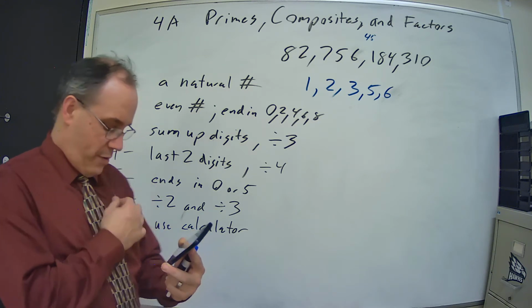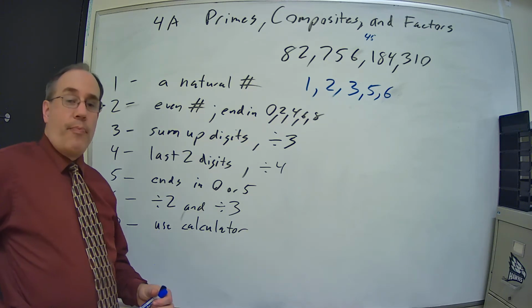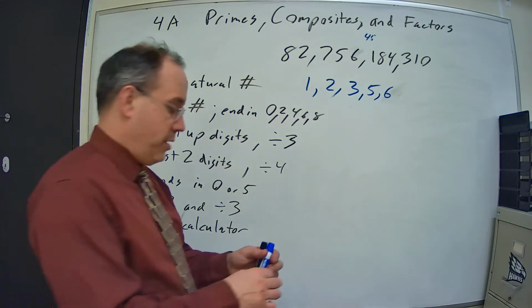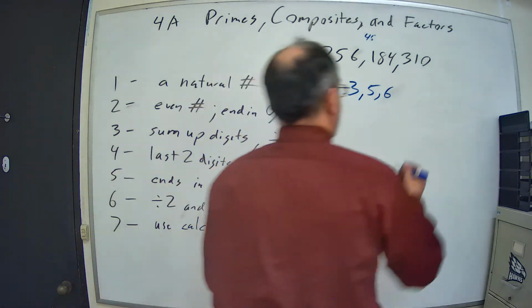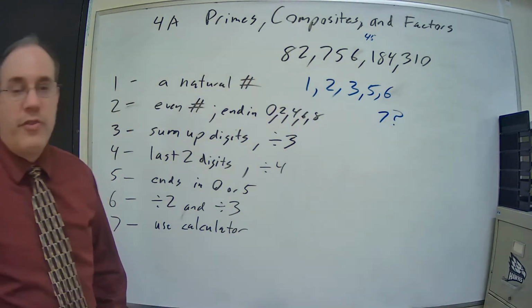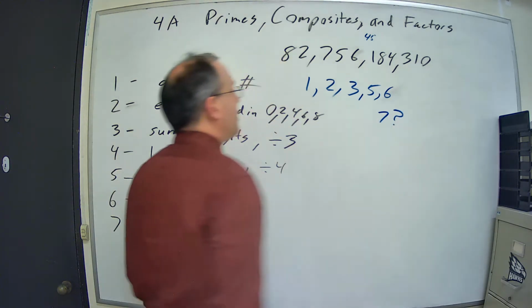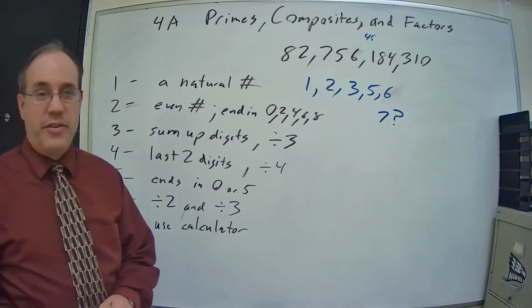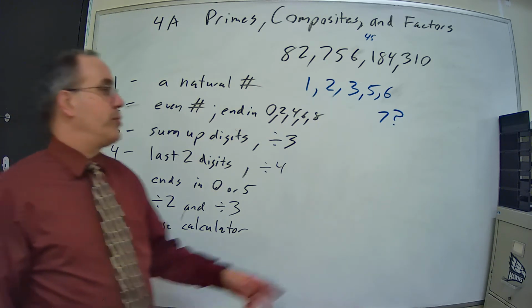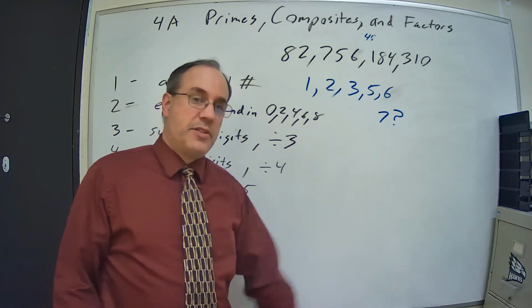I do not have another calculator, so we're going to have to just go with it. I don't know. We're going to leave 7 as a question mark. This is a big enough number that I would have to either do the division by hand or switch to a calculator that gives me more digits. Sorry about that.